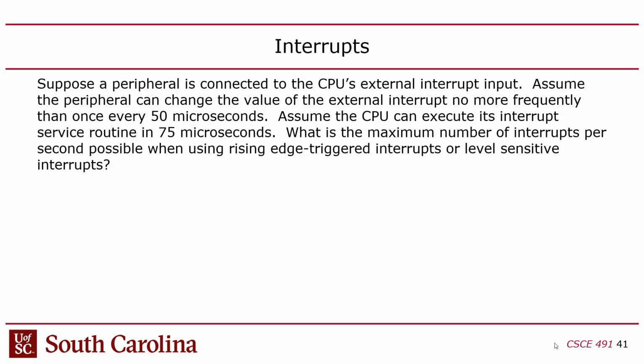Well, the question asks about rising edge triggered versus level sensitive, but as it turns out, it doesn't matter in this case, because if the interrupt can only change every 50 microseconds, the maximum rate it could be changing is high for 50 and low for 50, high for 50 and low for 50, which means the period of the interrupt bit is going to be 100 microseconds.